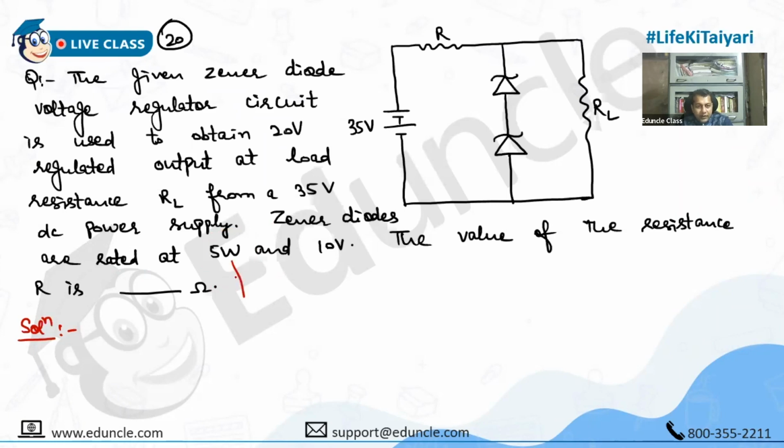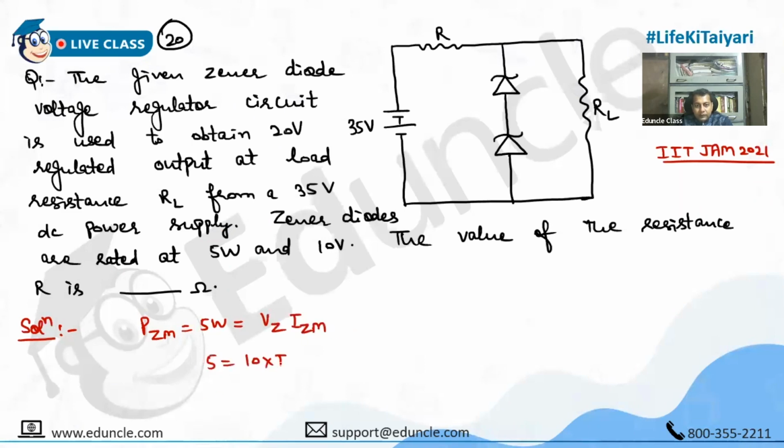From here you can get the max current actually. Vz is 10 volt, na? So Iz max is 5 by 10, 0.5 ampere.